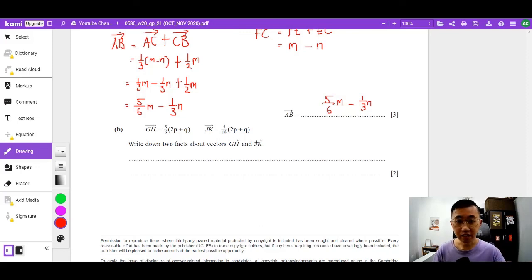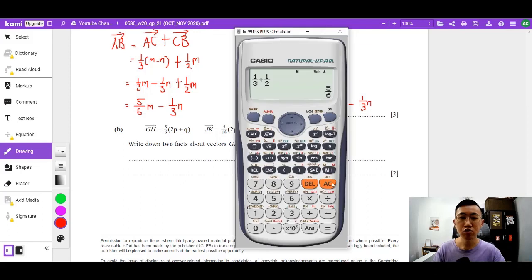To make it easier, check out: 5 over 6 is bigger than 5 over 18. You can use your calculator to check. 5 divided by 6 is 0.83. The other part, 5 divided by 18, is 0.27.